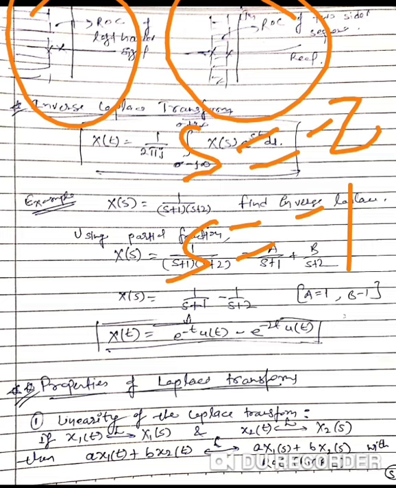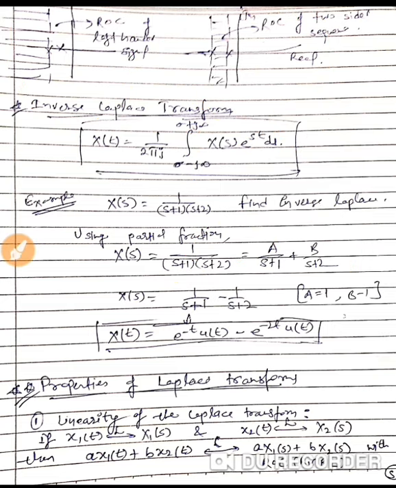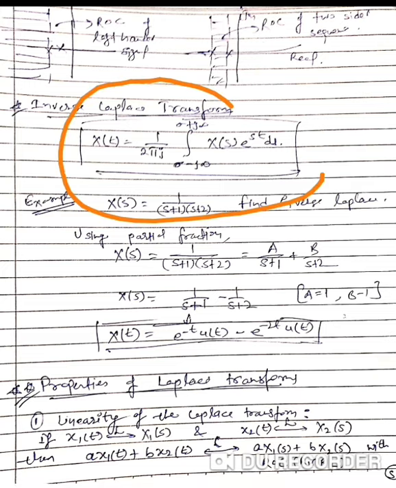Okay, so the next topic is inverse Laplace transform. Why do we use inverse Laplace? Inverse Laplace is used to get the original signal xt, that is, to transform the Laplace function X of s back to xt in the time domain, to transform from the frequency domain to the time domain.